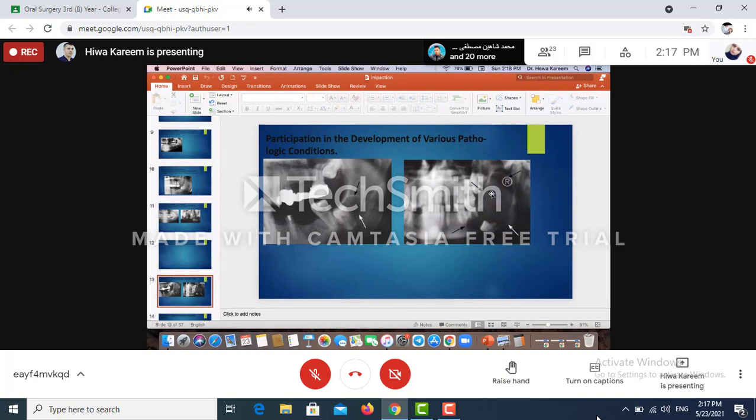This is a large radiolucent area, a pathological condition due to the impacted tooth. An impacted tooth must be extracted with the lesion. In this condition, it is not just extraction of the third molar; it must be with the lesion.